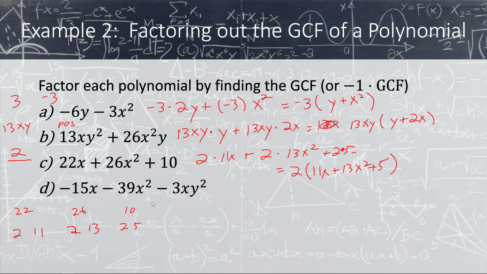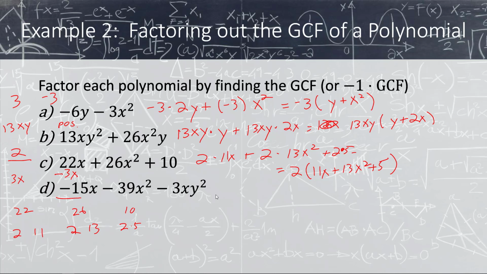Now here, the greatest common factor is going to be 3x. Each of these terms has a 3 in common, and this one is a prime number, and each of these terms has 1x. Okay, but notice here that our leading coefficient happens to be negative, so we want to use negative 3x.